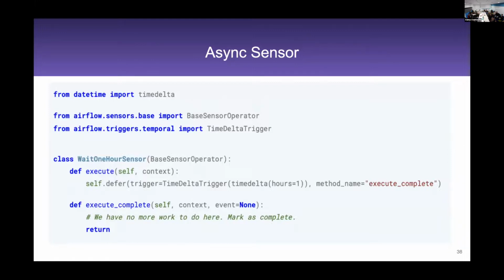And once your trigger fires, you can say one parameter is the method name, like execute_complete, and you can see the implementation of that down here. Once your trigger fires, your control will come to execute_complete. Since we do not have anything to do here, we are just returning.